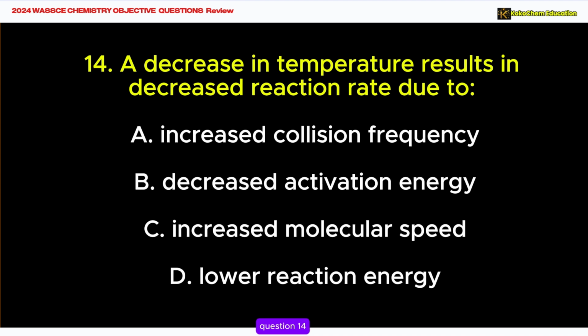Question 14. A decrease in temperature results in a decreased reaction rate due to A. Increased collision frequency. B. Decreased activation energy. C. Increased molecular speed.